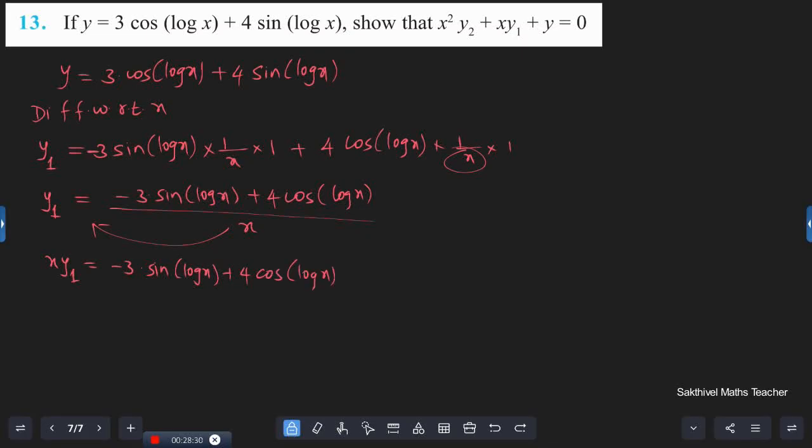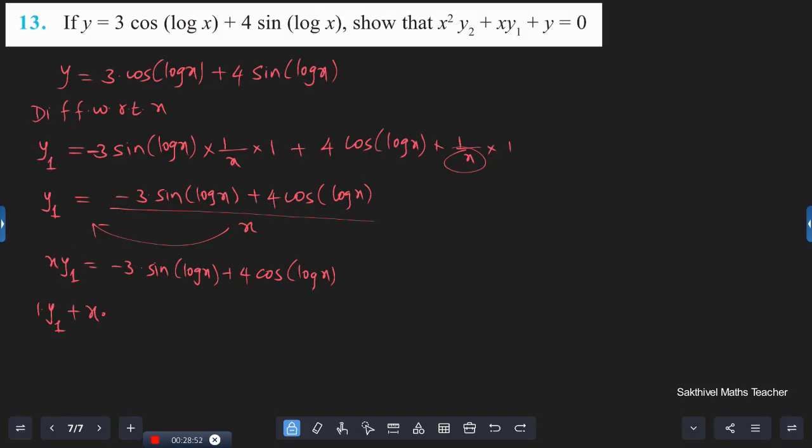Why I brought it here: compared to the u by v formula, the uv formula is better, we can go easily. Now do it with the uv formula. Derivative of uv: x derivative 1, y1 let it be as it is. Now x keep as it is, and y1 when you differentiate, what will it be?